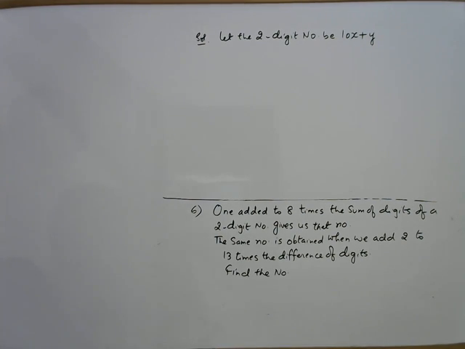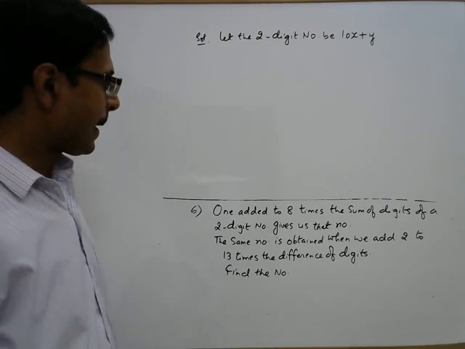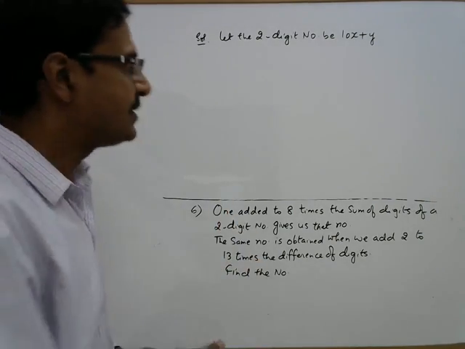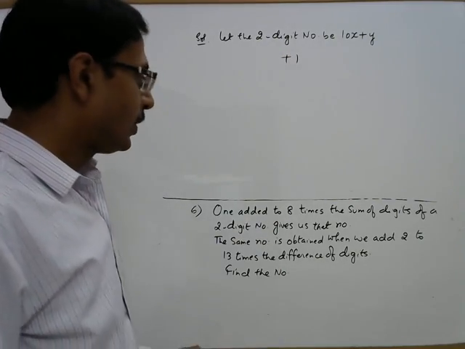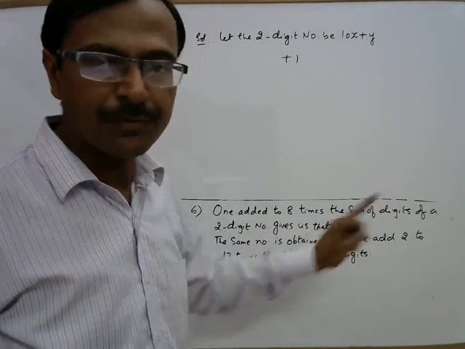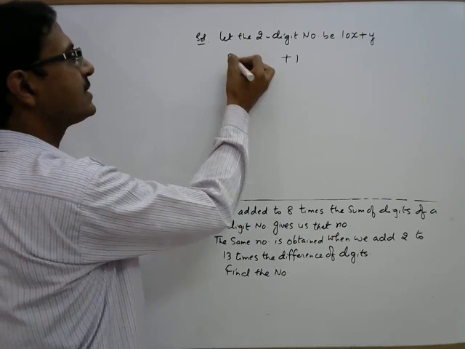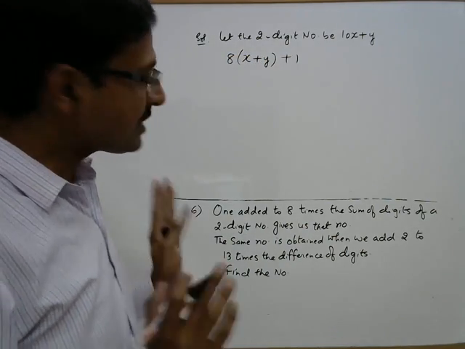I hope you have understood the statement. The first statement goes like this: 1 added. See, 1 added. So plus 1, 1 is added to what? 8 times the sum of digits. So 8 times the sum of digits is x plus y. What happens when we do this?